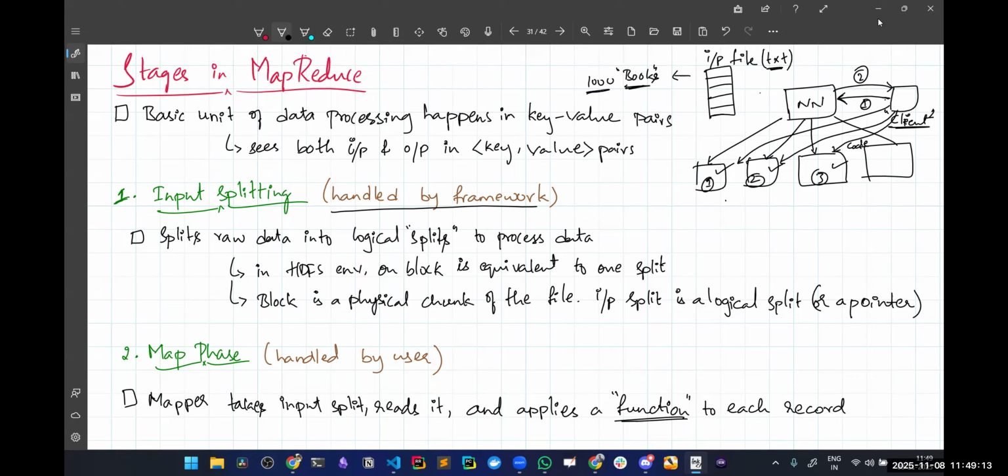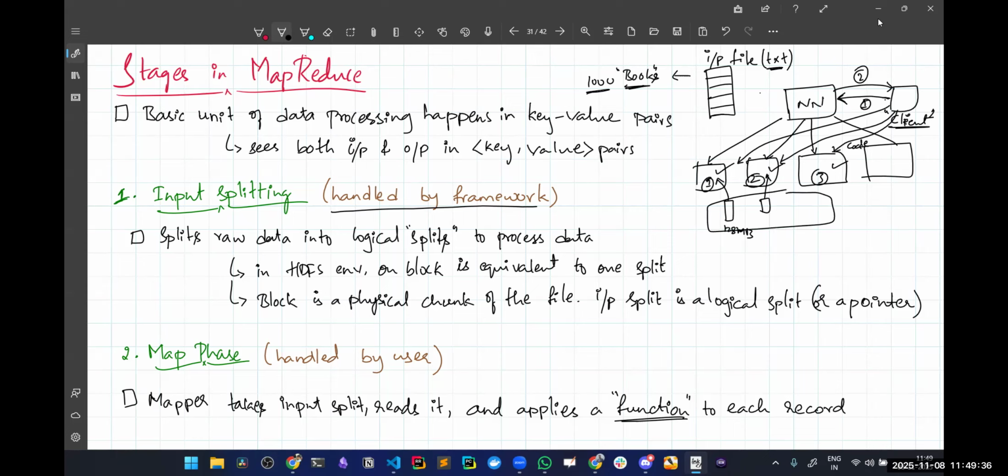So here, what happens is our data is already split across nodes. We have a block of 128 MB for each file present in our nodes. If the file exceeds 128 MB, we will have multiple blocks of the same file in different nodes.